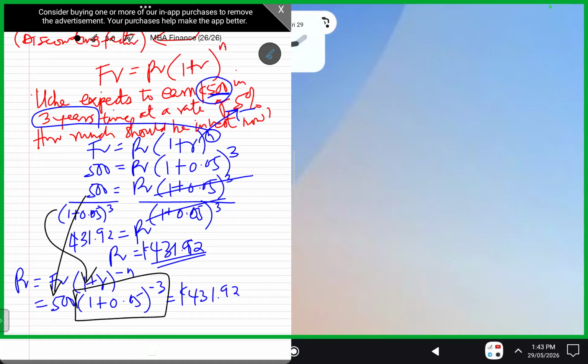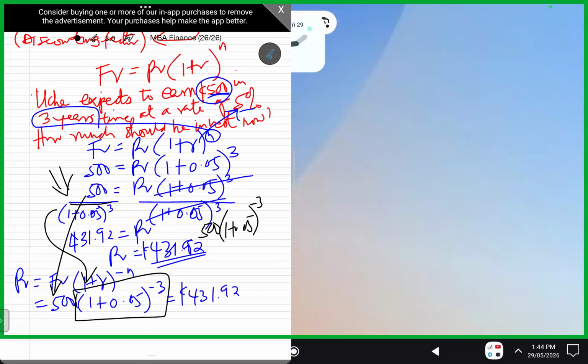If I want to bring the denominator up to multiply the 500 in the numerator, I say 500 times (1 plus 0.05), and the exponent becomes negative 3. Do you get it? It is called the inverse form.